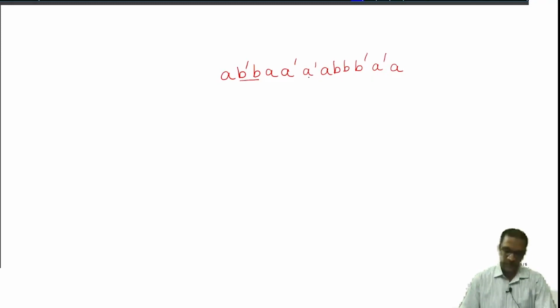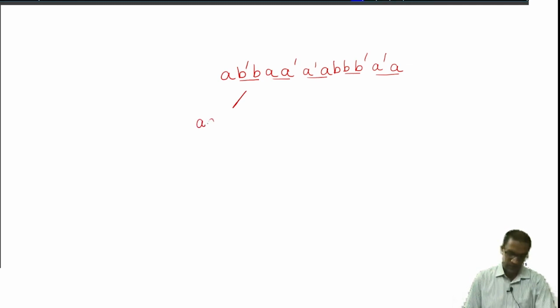There are many other pairs which can be collapsed. For example, there's a B prime here, there is an A prime A here, there is an A prime here, and so on. So I can of course apply my rewriting rules one at a time. When I apply my rule, for example, let me collapse the first pair.